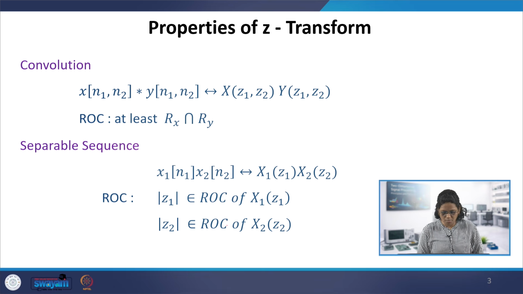If there is a common ROC for both cases, then it would be the intersection. Suppose it is magnitude of z1 greater than a, or magnitude of z2 greater than b. It depends on those z1 and z2 values, and a common region would be found for the ROC of a separable sequence.